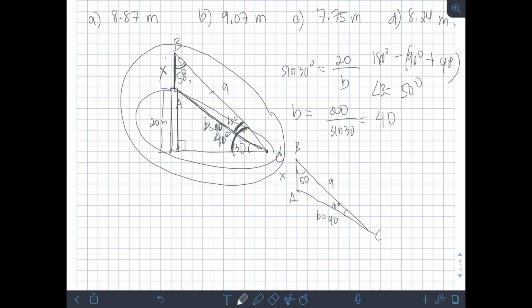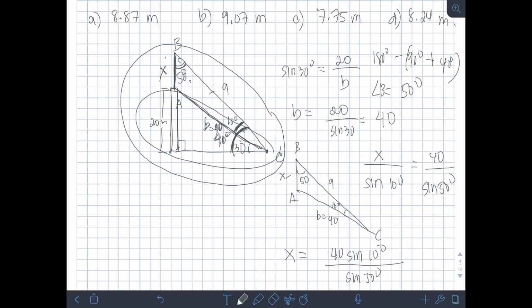So, using sine law, we have yung unknown na X over yung sine nung angle opposite sa kanya, itong sine C, which is 10 degree, equals yung dalawang given natin, which is itong B over sine B. Yung B is 40 over yung sine ng angle B, which is 50 degree. So, therefore, x is equal to 40 times sine 10 degree over sine 50 degree.